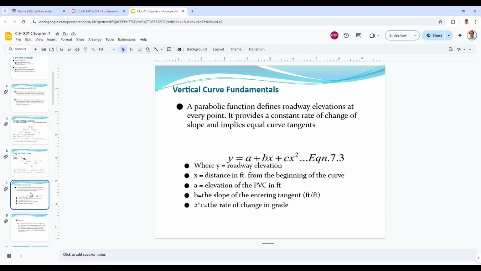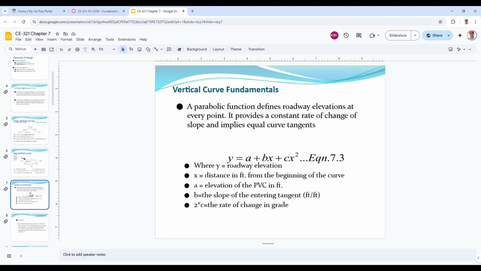If your equation is a plus bx plus cx squared, where x equal to horizontal distance from PVC and y is the elevation of the curve, let's try to figure out what these parameters a, b, and c represent.